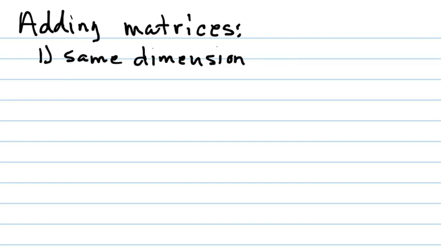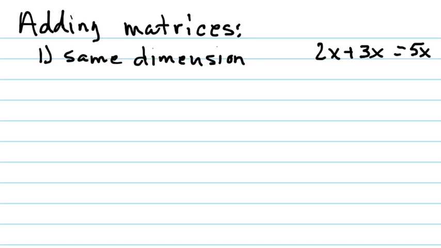Because if they're the same dimension, that means your x's and your y's and your z's or whatever, all the variables are in the same place. And remember that if you have things that have the same variable, you can add them together easily. So if they have the same dimension, then everything's in the same order, in the same place, so you'll be able to add them easily.